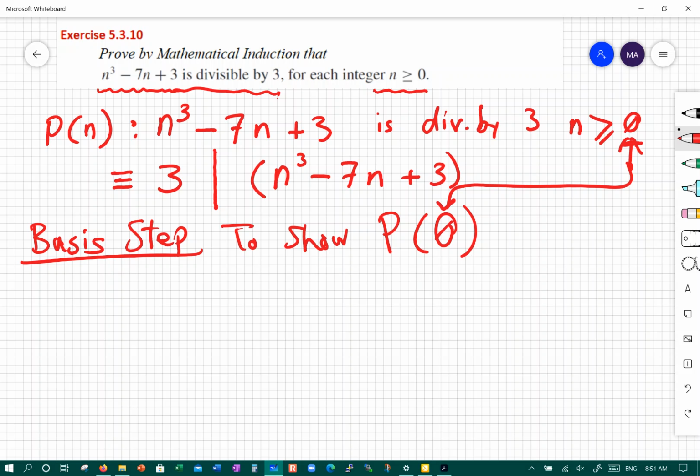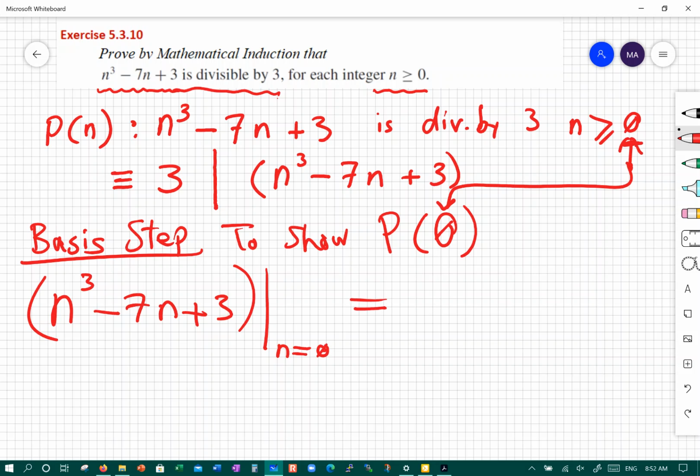So our n cubed minus 7n plus 3, if we substitute n equals 0, this is a notation in math that says substitute the expression for the value n equals 0. This expression equals 0 cubed, I'm gonna be very boring here, 0 cubed minus 7 times 0 plus 3.